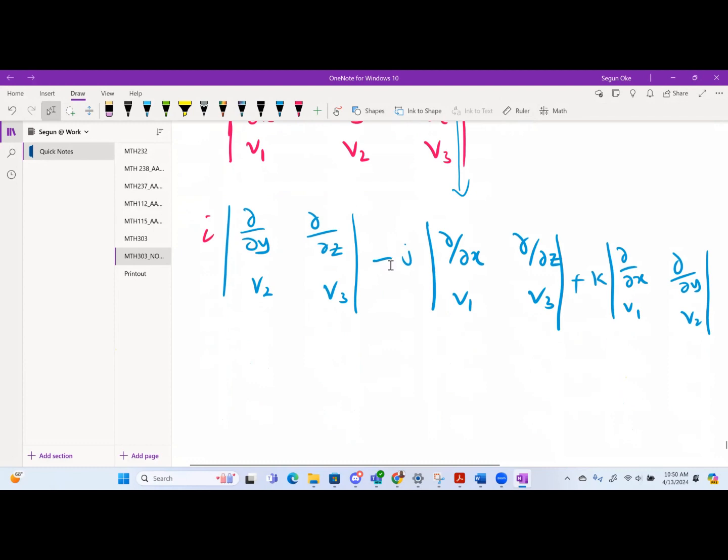All you need to do at this point is just cross multiplication. This will multiply this, minus this will multiply this. So we have our i. So i will be, in this case, del dy v3 minus del dz v2.